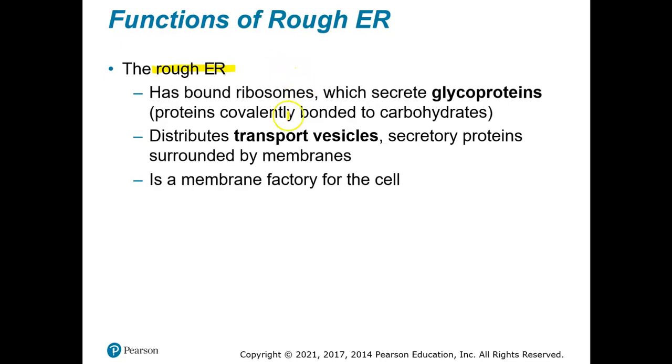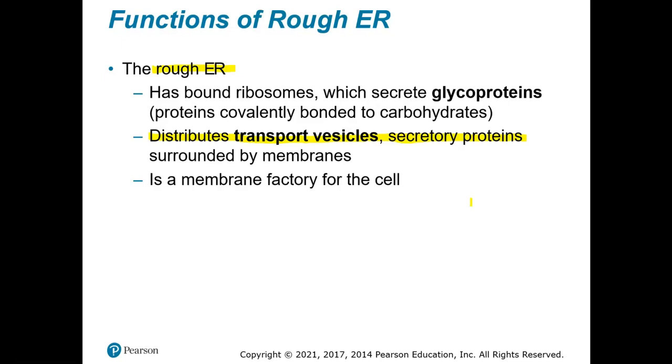The rough ER produces proteins and then distributes them in transport vesicles. These transport vesicles contain secretory proteins, which just means proteins that are designed for secretion.